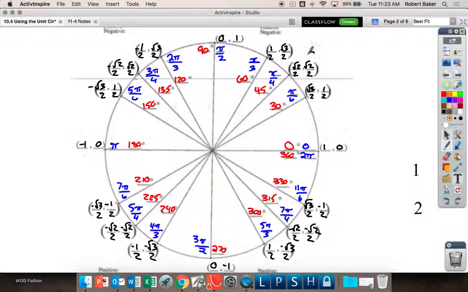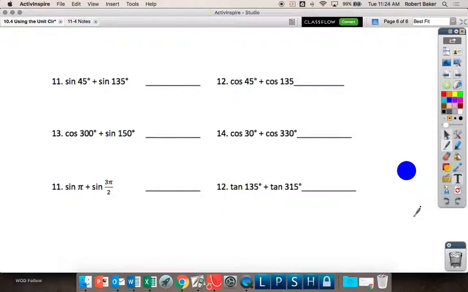And the sine of 135. So I need to add the square root of 2 over 2 plus the square root of 2 over 2.